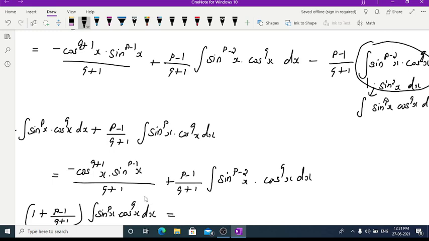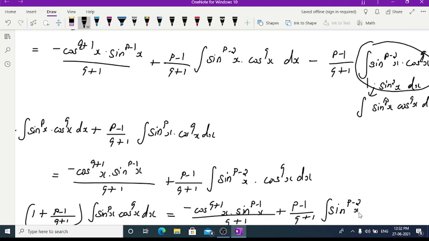That is equal to the right side, minus cos raised to q plus 1 x into sine raised to p minus 1 x divided by q plus 1, plus (p minus 1) divided by (q plus 1) into integral sine raised to p minus 2 x into cos raised to q x dx.